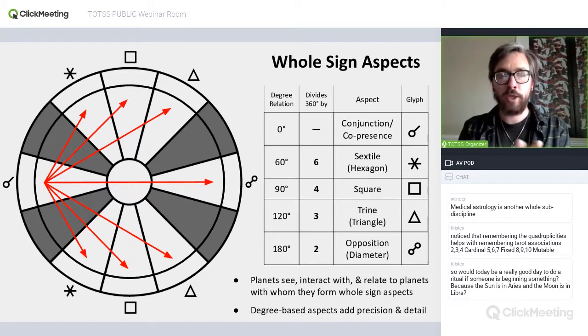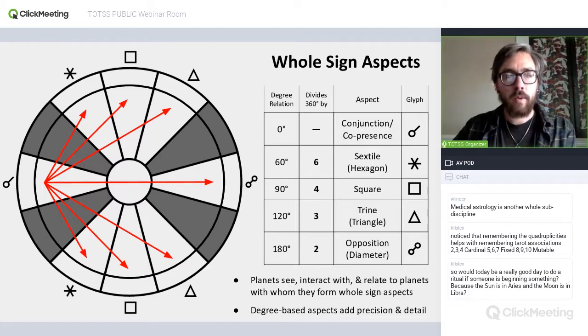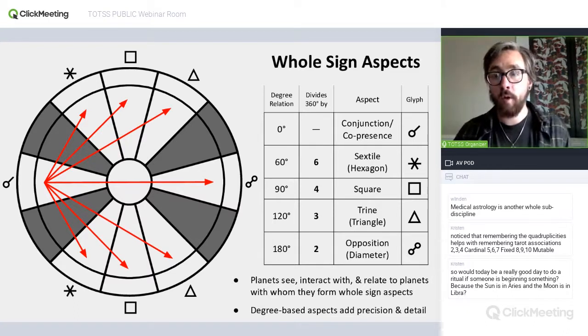This geometric relationship, you can just rotate this around to any point in the chart. The relationships hold. I'm just giving you one, from the perspective of one particular place in the chart. But there's nothing particularly special about that location. So the aspects are formed from this basic geometric logic.